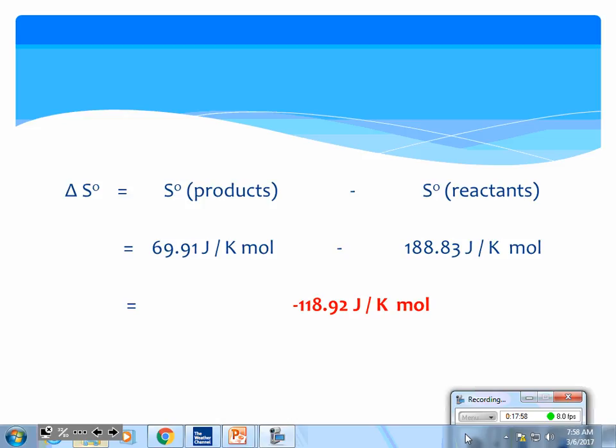Okay, so we have a negative number, meaning that the reactants were much more disordered than the products. So we are losing entropy, aren't we? We are gaining disorder.